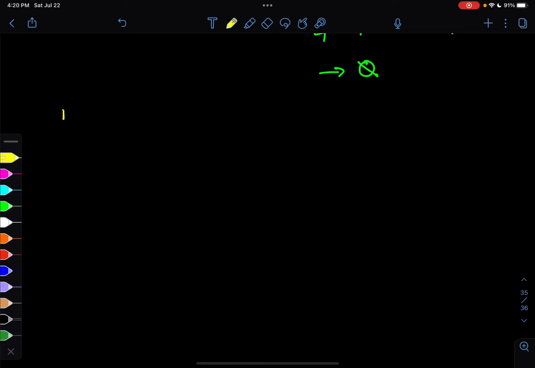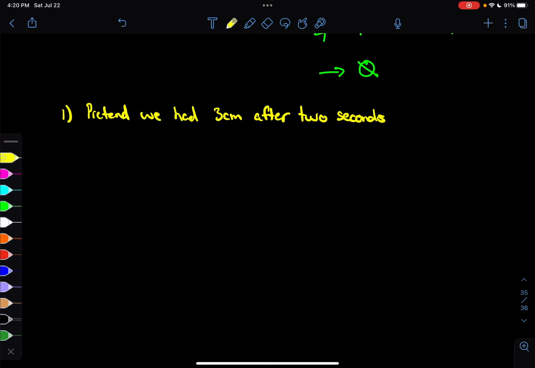Now, let me point out some things. One thing worth noticing is, let's pretend we had 3 centimeters after 2 seconds. What would we have used to kill our amplitude? Because we had -4 cosine of 10 pi t minus 10.